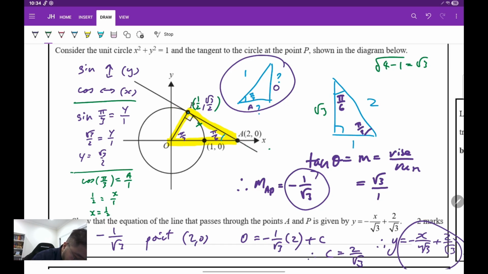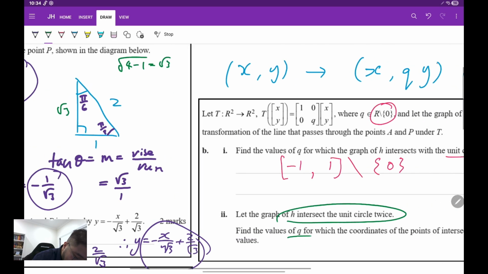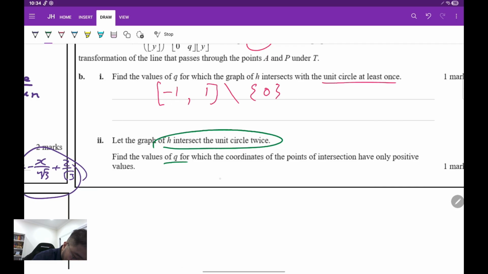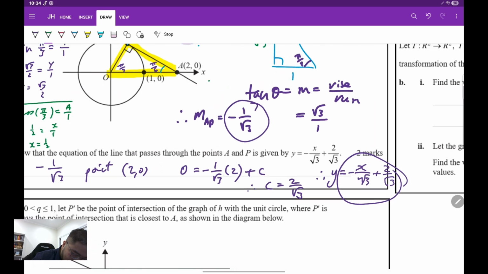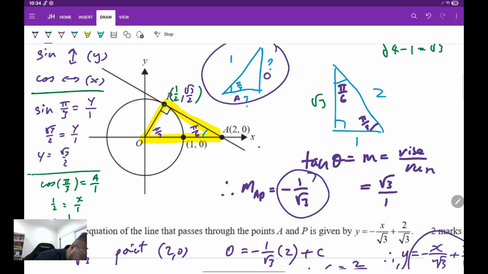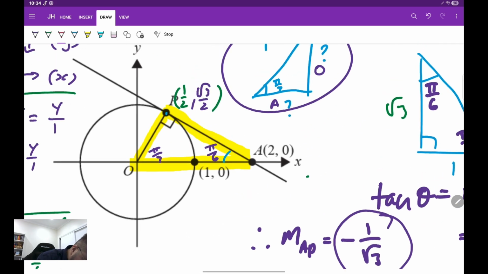The question is, what is it? So let's just put in the absolute upper bound first. So the upper bound is 1. So you can't dilate more than 1 because we knew that it doesn't intersect and it will have no intersection point. If that's the case, the other thing we need to be careful of is what is this coordinate right here?